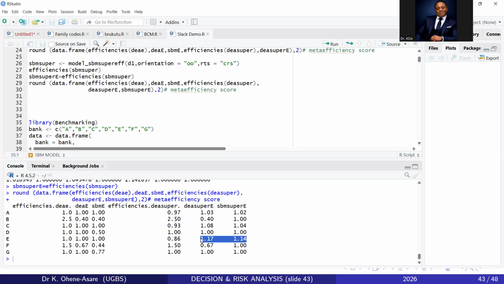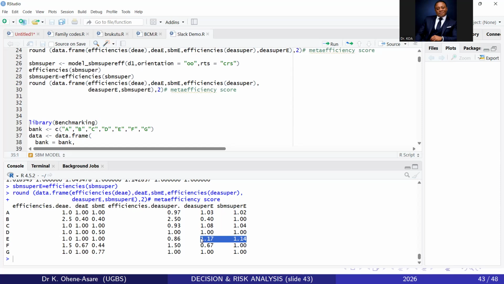I think the last time the conclusion was that we used the super efficiency SBM when your DEAs were mostly efficient. So if you had a lot of ones in your DEA for the efficiency score, then you use the super efficiency one to differentiate between them. Correct. That is true.